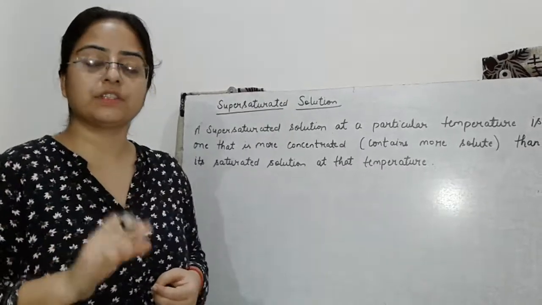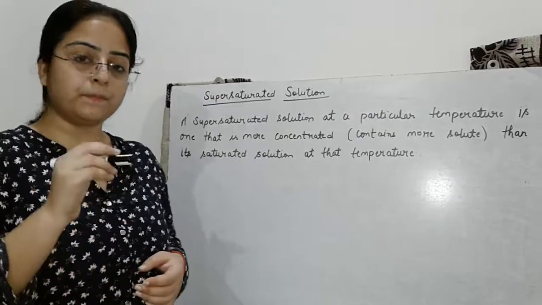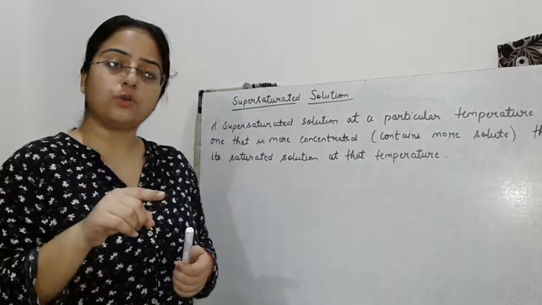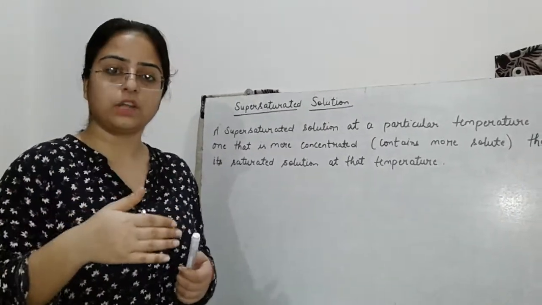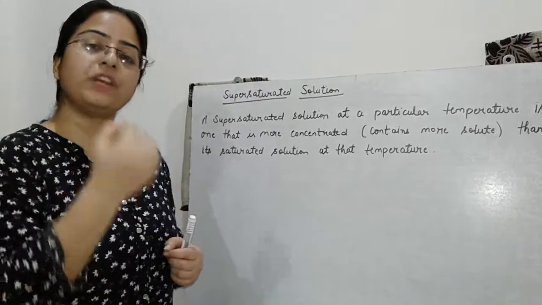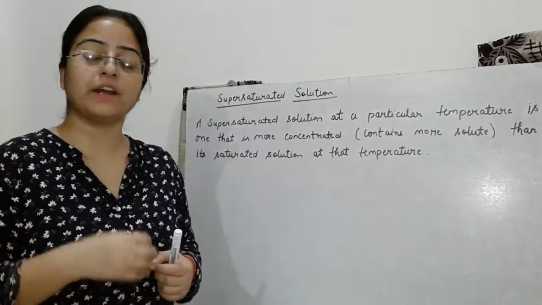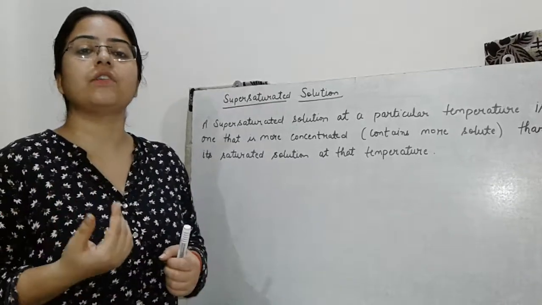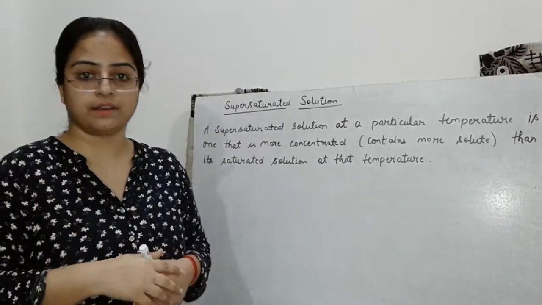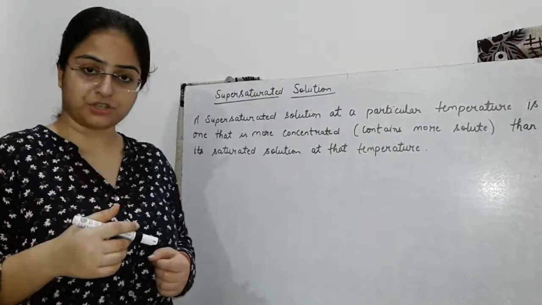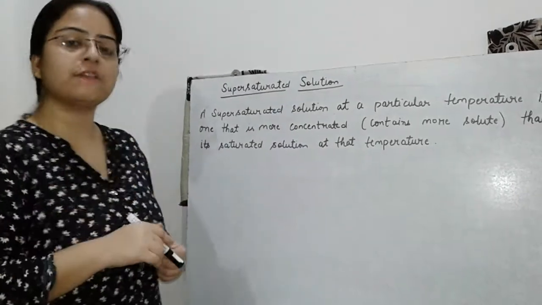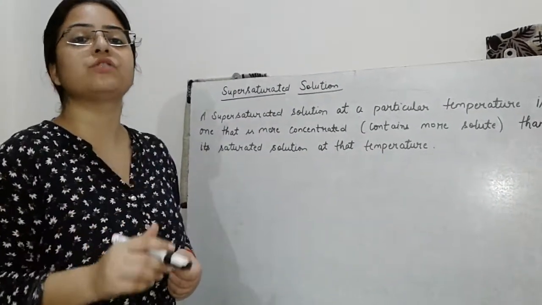There should not be any kind of disturbance while cooling it back to room temperature, because if the solution is disturbed physically, then the solute which is added more after the saturated solution, मतलब जो saturated solution बना था उसके बाद में उसको हीट करने पर जो एक्स्ट्रा सॉल्यूट उसमें डिसॉल्व हुआ है वो सॉल्यूट सेपरेट हो जाएगा क्रिस्टल्स की फॉर्म में, अगर उस सॉल्यूशन को कूल करते टाइम पे उसको शेक कर दिया गया या फिर उसको फिजिकली डिस्टर्ब कर दिया गया. तो therefore we will cool that solution back to room temperature without disturbing it physically, and as a result the solution which we will get will be the supersaturated solution.